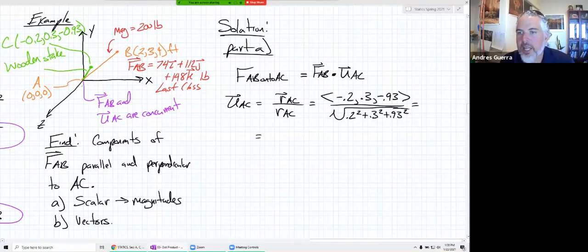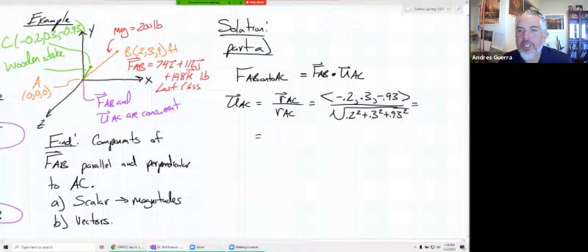Or, sorry, what's the magnitude of the unit vector? It's 1, right? But what's the magnitude of the position vector if my stake has a length of 1? It should also be 1, so my position vector and the unit vector are the same because my position vector has a length equal to 1.